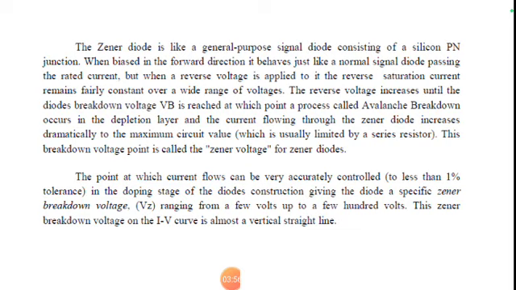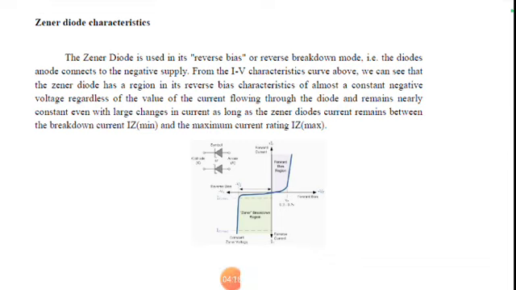When the bias is in the forward direction, it behaves just like a normal signal diode passing the rated current, but when reverse voltage is applied, the reverse saturation current remains fairly constant over a wide range of voltages. The point at which the current flows can be accurately controlled by the doping of the diode. It can be a few volts or a few hundred volts.